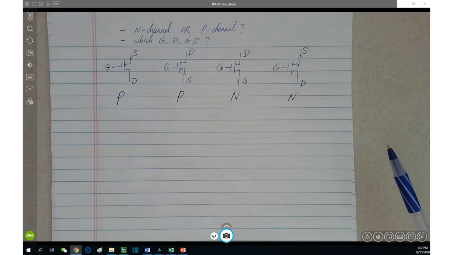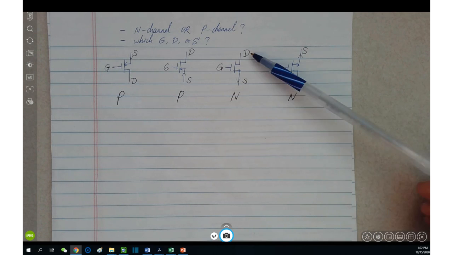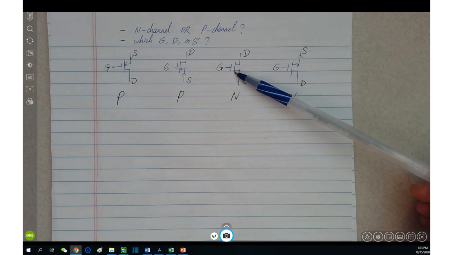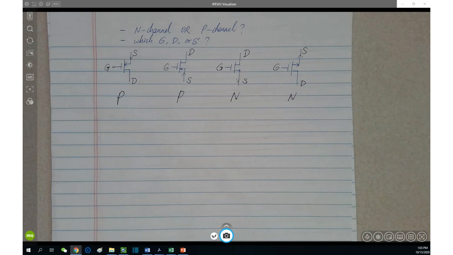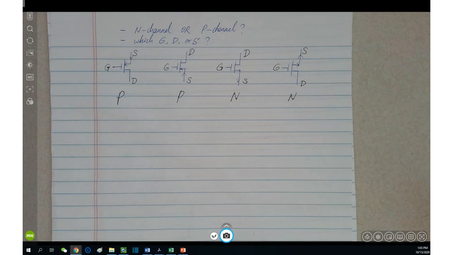The arrow is the indication of the current direction, and the N channel current is flowing from the drain towards the source. The P channel MOSFET has the reversed current direction.